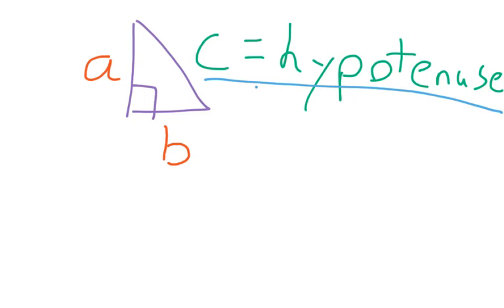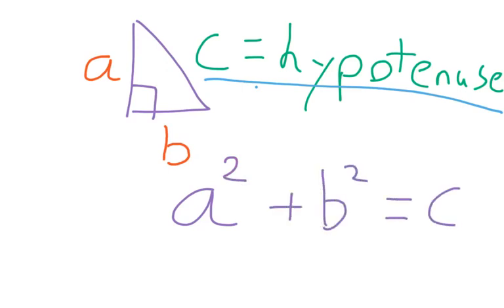And the reason it's important that you remember that C is always the hypotenuse is because with the Pythagorean theorem, there is this equation that goes a squared plus b squared equals c squared. And so you have to remember that this side over here is always going to be c, or it's not going to work out as a problem. It won't work.